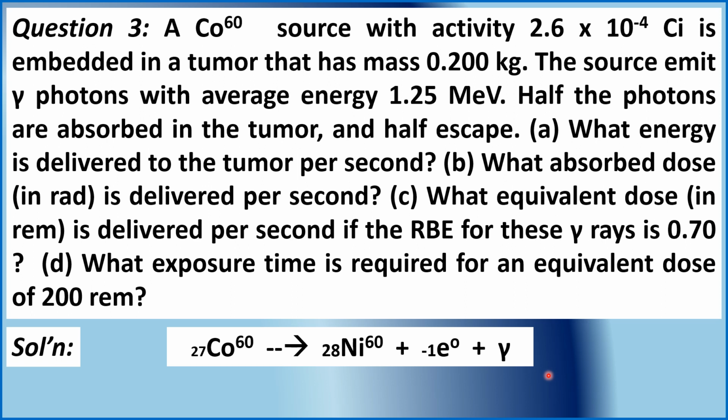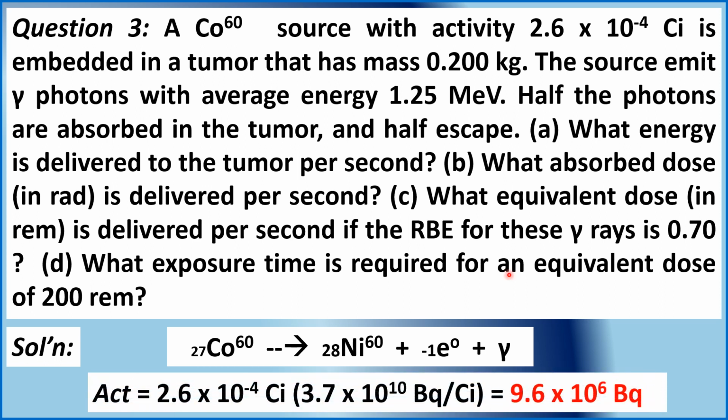It's also indicated in the problem that the activity of this cobalt-60 isotope is 2.6 times 10 to the negative 4 curie.